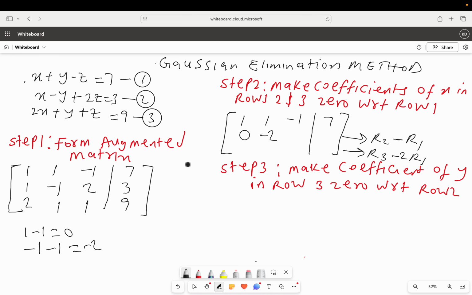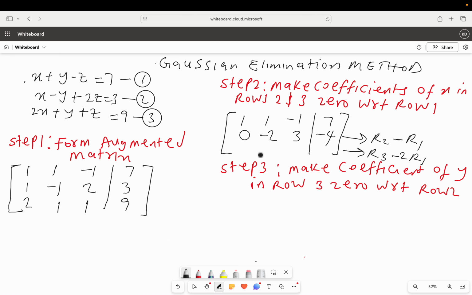For the third element, I will have 2 minus 1, which is just 3. So I'll have 3 here. For the augmented element, I will have 3, which is this 3, minus 7, which will give me minus 4. So I will have minus 4 here.